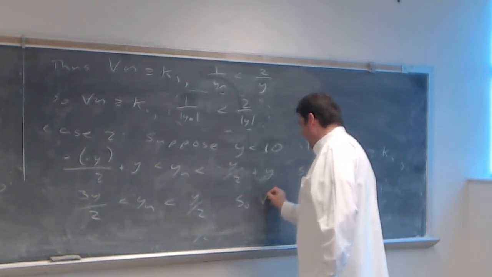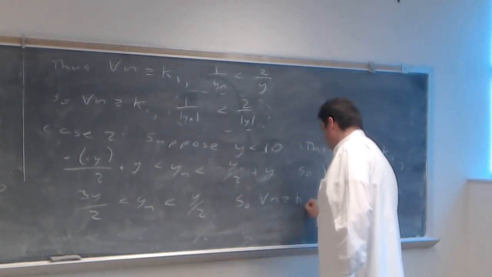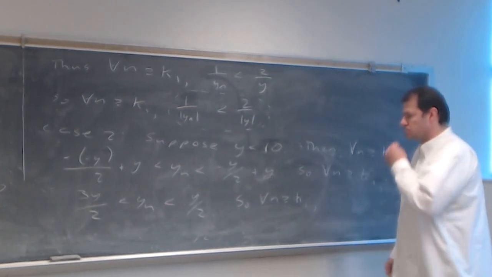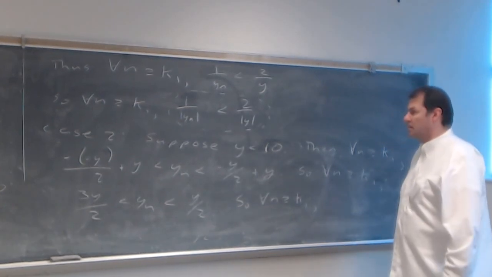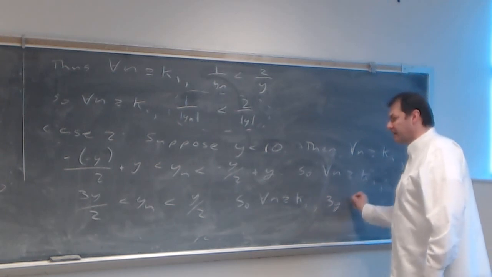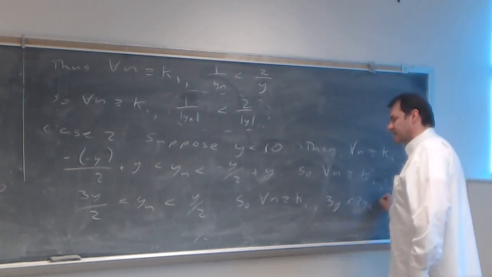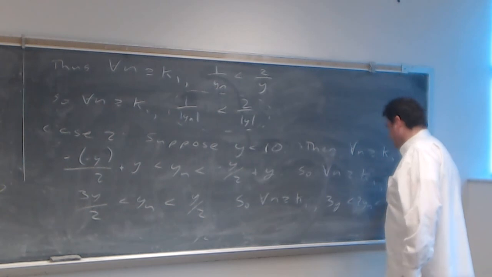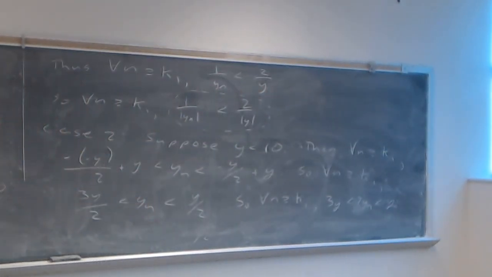So for all n bigger than or equal to k sub 1, if I multiply everything by 2, I get 3y is less than 2 times y sub n, which is less than y. Now I'm going to divide everything by y. But wait a minute. y is what kind of number? Negative. That's right, negative. So I've got to flip the inequality.